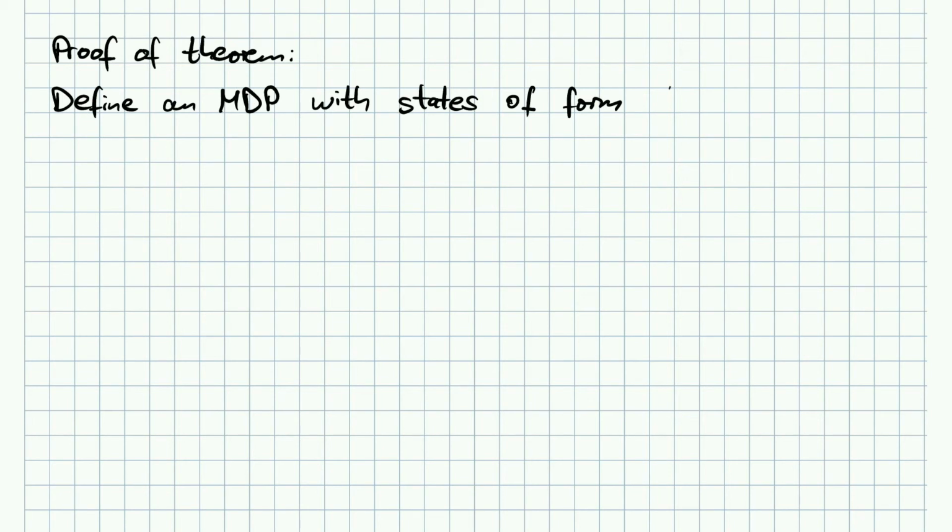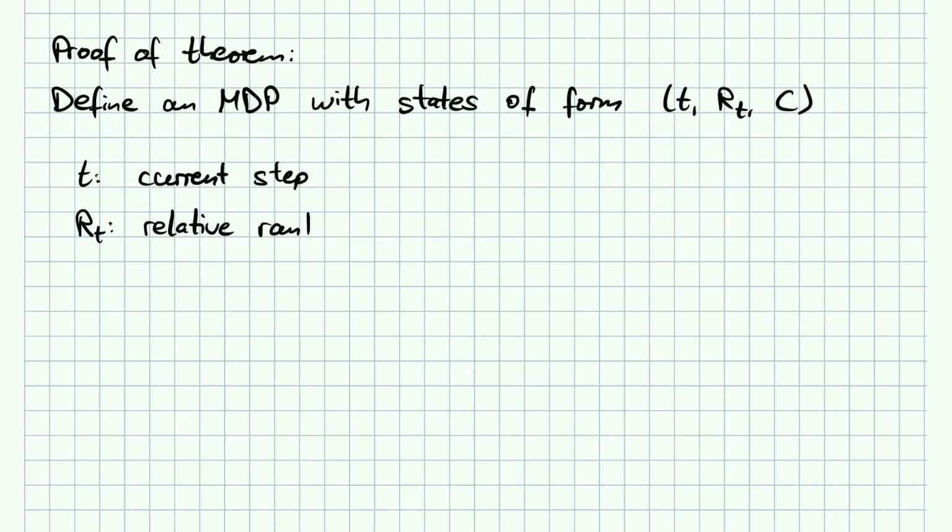The states will have the form (t, r_t, c). t is the current step. r_t is the relative rank at time t.